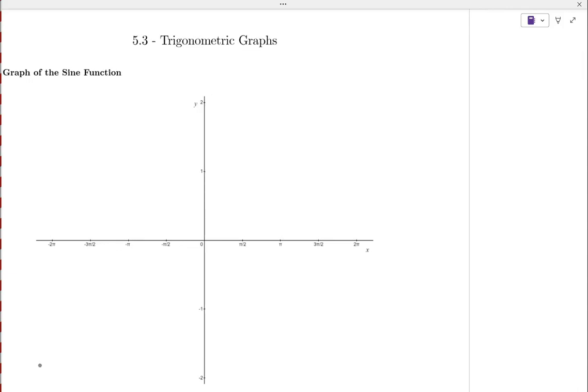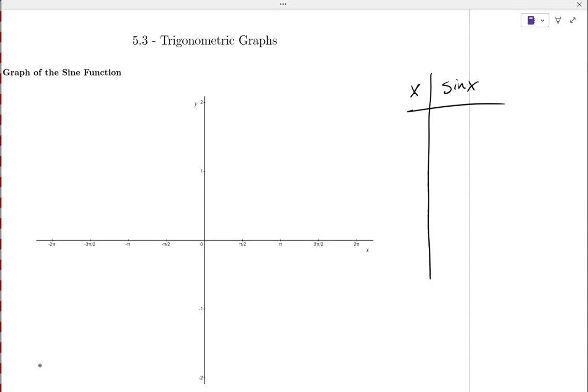Let's just pick some values for x and get some values out for sine of x. We're going to do the sine function first. Usually when you're doing graphs, you might pick in like -3, -2, -1, 0, 1, 2, 3, and so on. We're going to be a little bit smarter about it because we don't know necessarily what sine of 1 is or sine of 2 is, but we do know things like sine of pi over 6, sine of 2 pi over 3, those kinds of things.